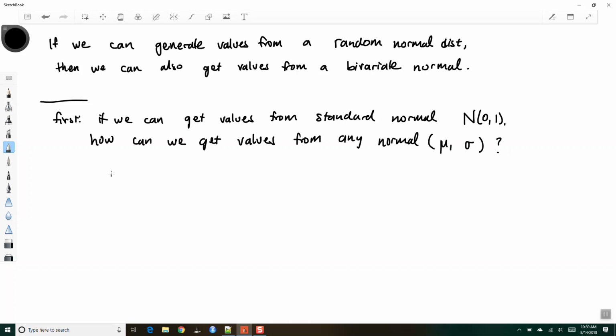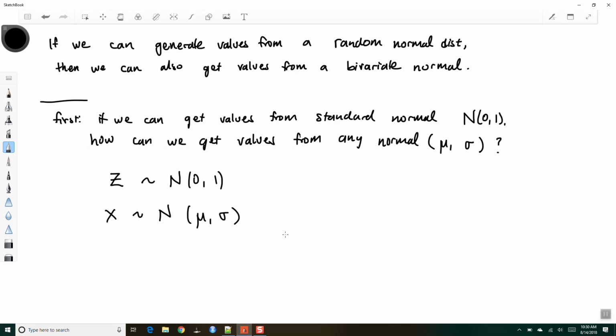Okay, so let's say z comes from standard normal, 0, 1, okay? And let's say x comes from normal with mean mu and standard deviation sigma.